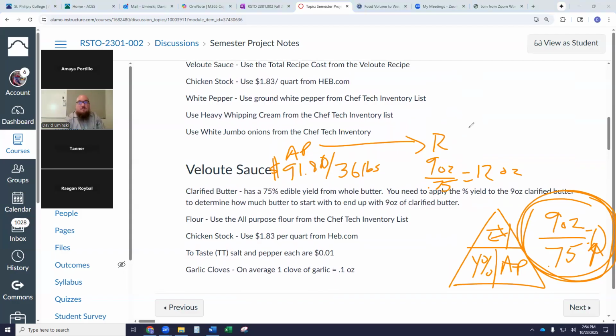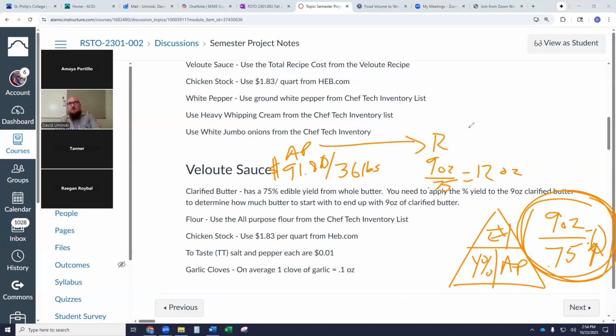Okay, so when you think about basic skills class, right? You've taken basic skills? Yes. You clarified butter. Remember clarifying butter? Yes, I do. Okay, so when you clarified butter, when you put the butter in the pan and melted it and scraped all the milk solids out, did you end up with more or less than what you started with?